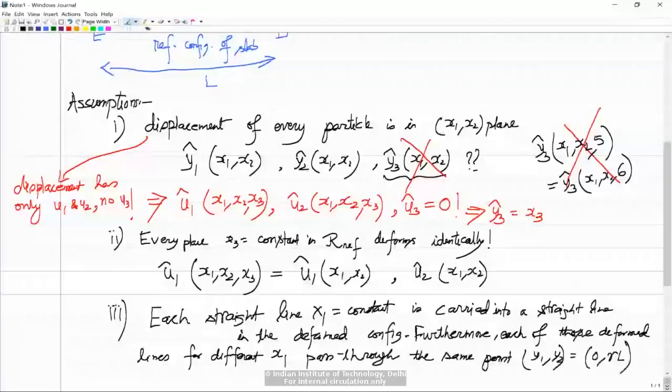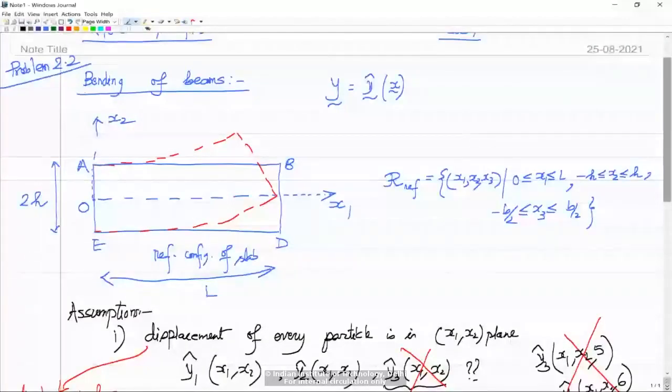So let us try to see what this tells us. First of all, each of the lines corresponding to x1 equal to constant is carried into a straight line. So for example, identify a line which is x1 equal to constant.